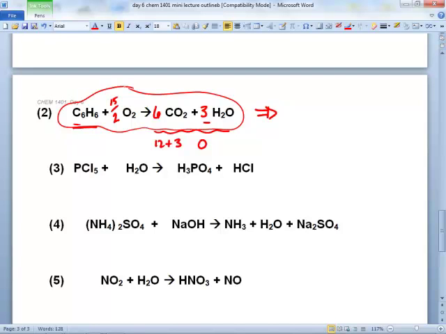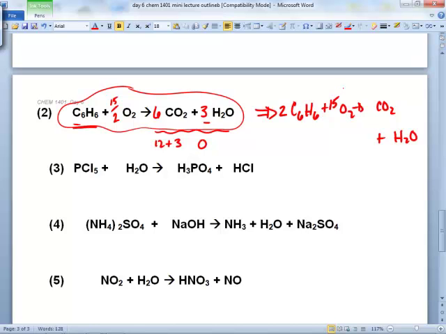So let's multiply everything through by 2, though. So we'll get rid of that half. So you'll end up with... What would you end up with in front of the C6H6? A 2. And in front of the oxygen, you end up with a 15.